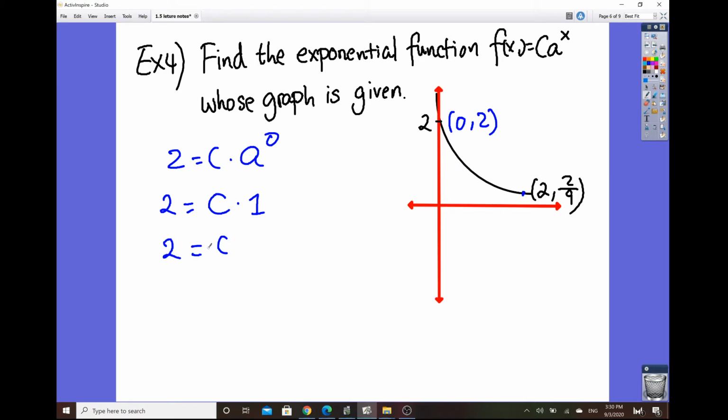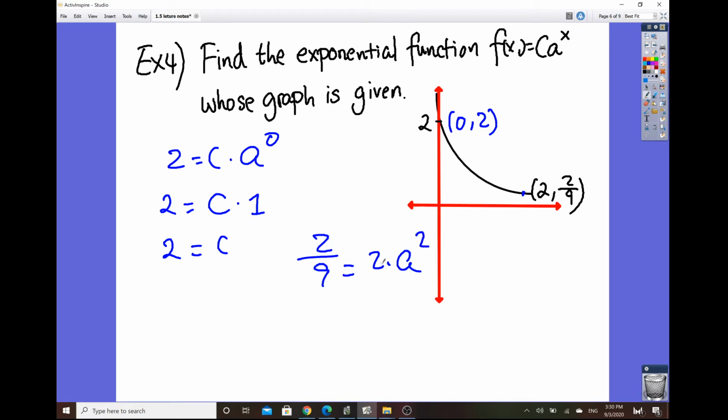Okay, so now that we've found the value of c, the next thing you can do is find the value of the base, the value of a. So I want to put (2, 2/9) into that function. So 2/9 equals c, which is 2, times the base a to the power of 2.